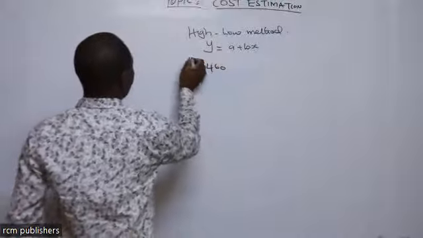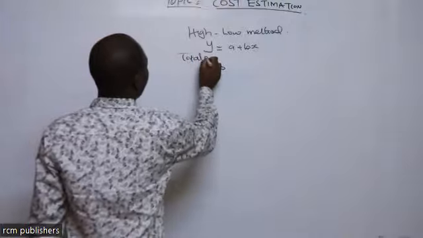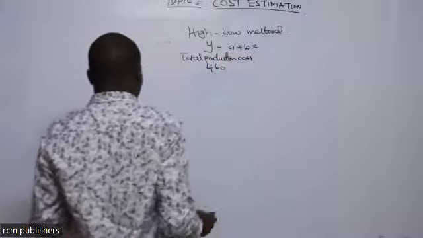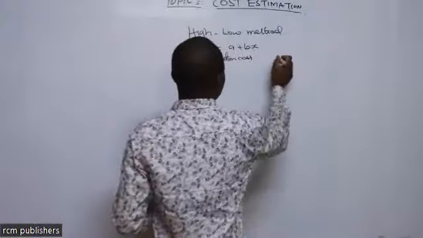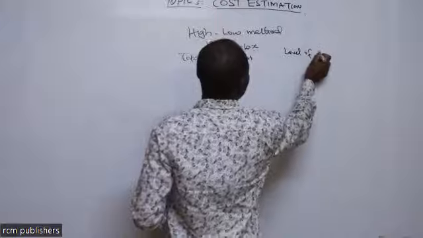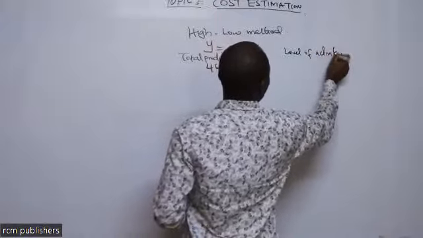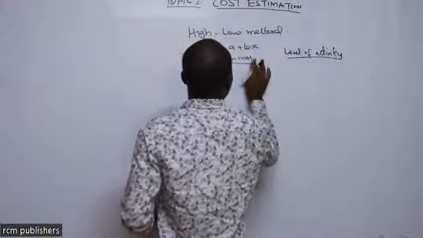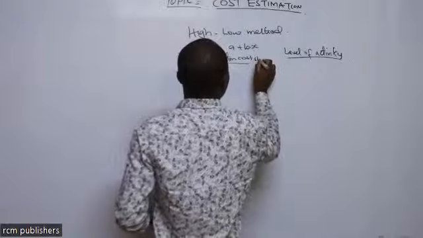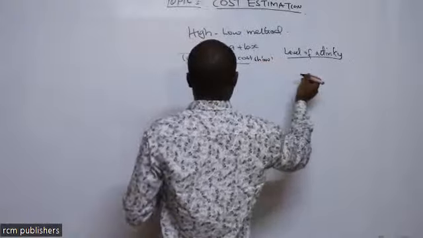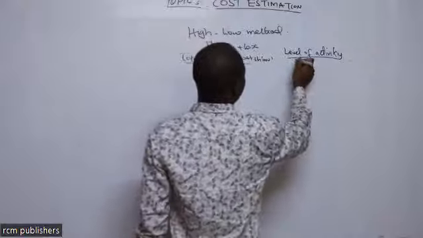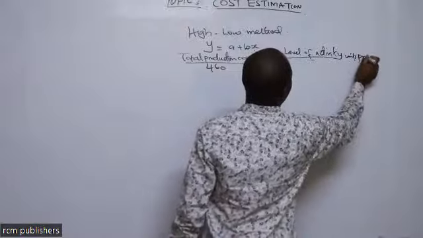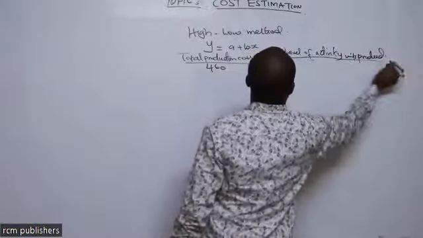That is total production cost. And then we have level of activity. Total production cost, of course, is in thousands. And then this one here is given in units produced.